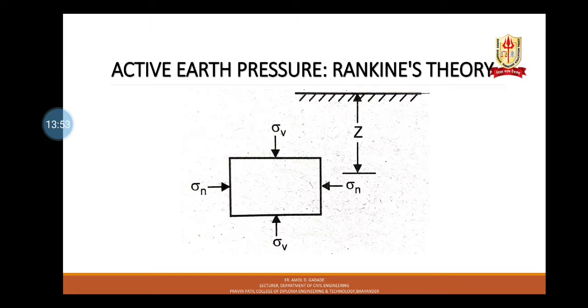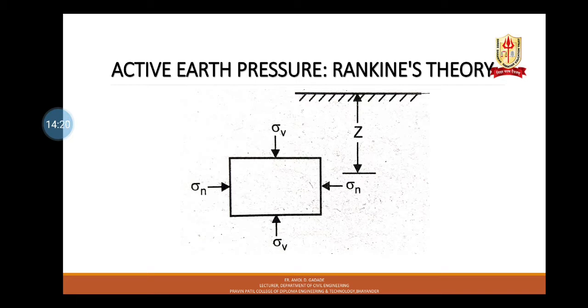Consider an element at a depth Z below the ground surface. When the wall is at the point of moving away from the fill, the active state of plastic equilibrium is established. The horizontal pressure rho H is then the minimum principal stress rho 3 and the vertical pressure rho V is the major principal stress rho 1.